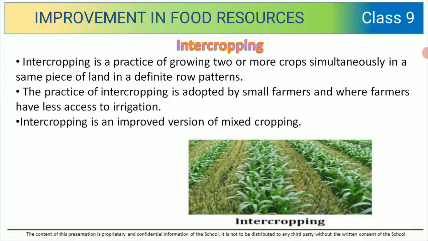What is intercropping? Intercropping is a practice of growing two or more crops simultaneously on the same piece of land in a definite row pattern. The practice of intercropping is adopted by small farmers and where farmers have less access to irrigation. Intercropping is an improved version of mixed cropping.